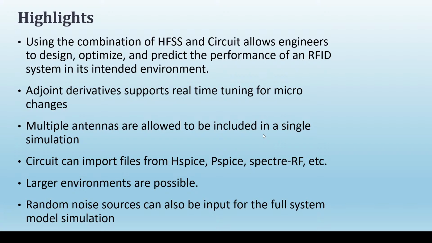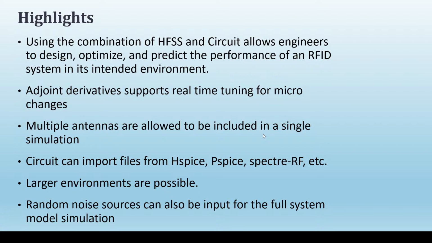We also have the adjoint derivatives that support real-time tuning. Even if this is for micro changes, with a small change you can see how you can improve your design. Let's say I increase my radius a little bit, and the S parameter is looking better than before.